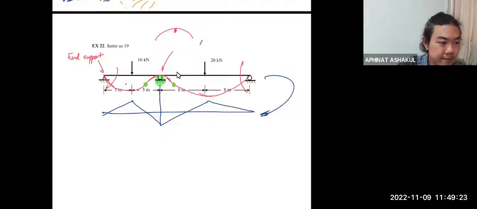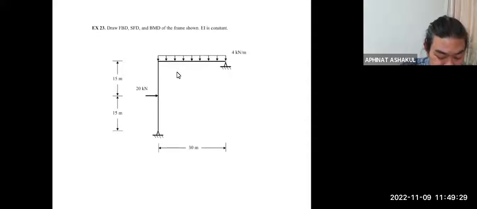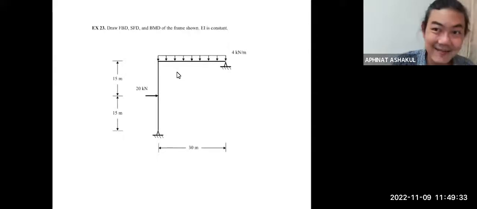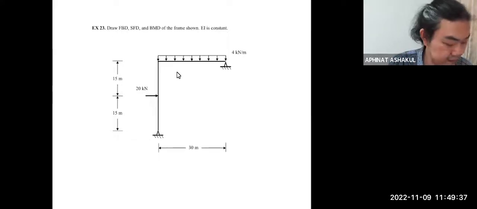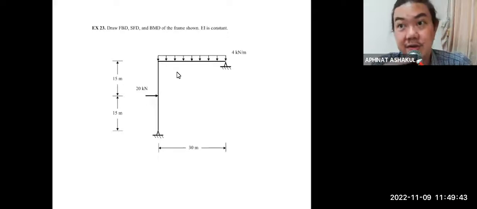Yeah. Okay. All right. So if you have time, we're going to come back and try to solve this one. But now let's move on to this one. I like that, right? It's an indeterminate frame. And you see, you have plenty of choices for your primary structure.